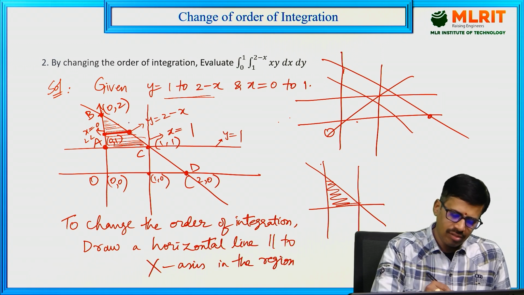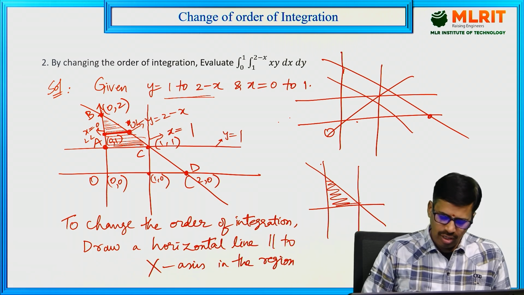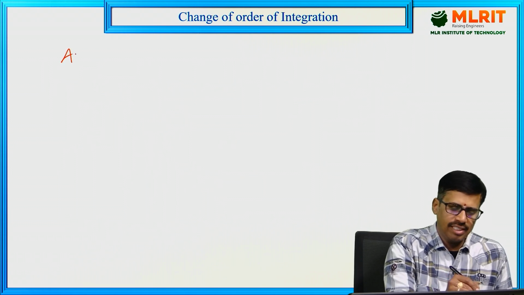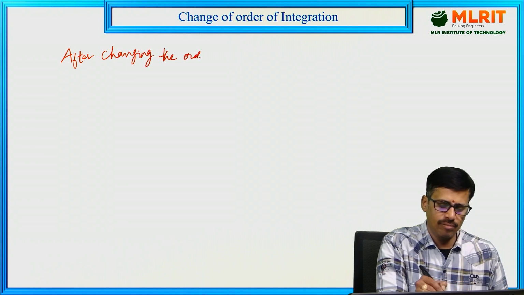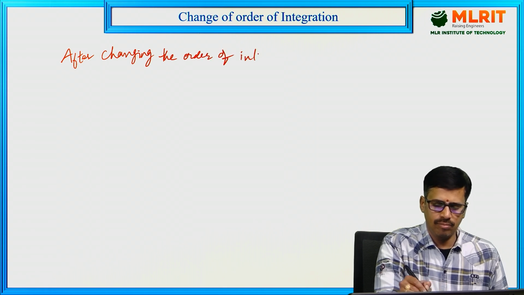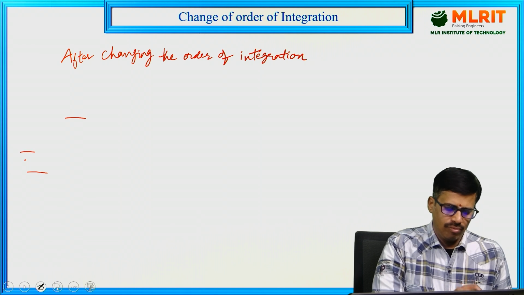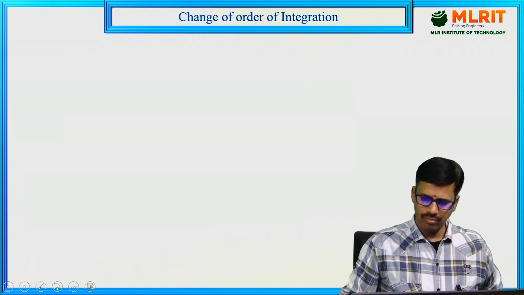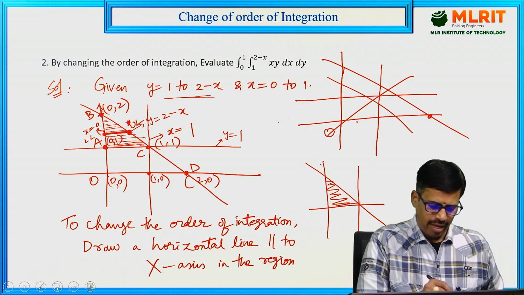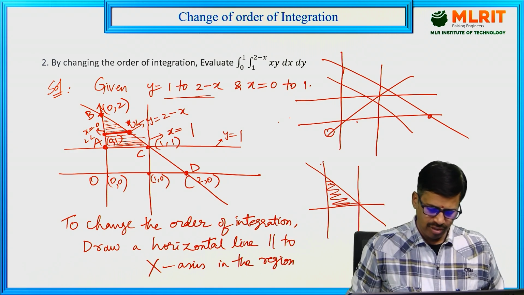So in this I want x limits. So what are the limits for x? After changing the order of integration, x equal to 0 to x equal to 2 minus y.